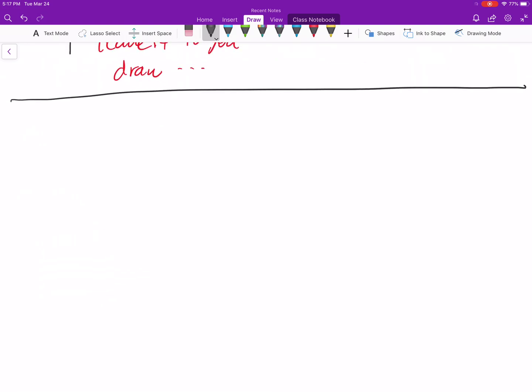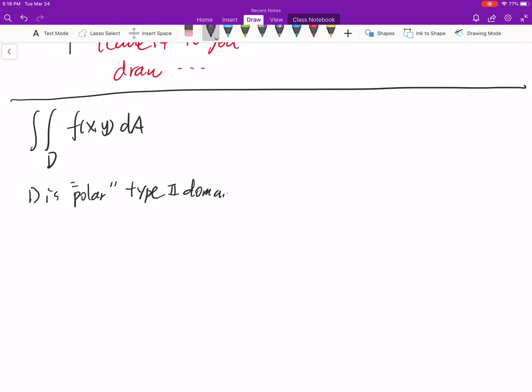So now let's derive the integral formula for the double integral over a polar type 2 domain. So suppose you have an integral as follows, where D is a polar type 2 domain.